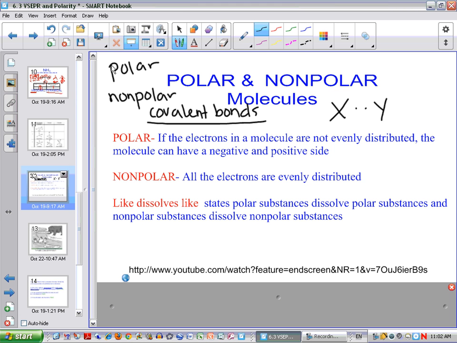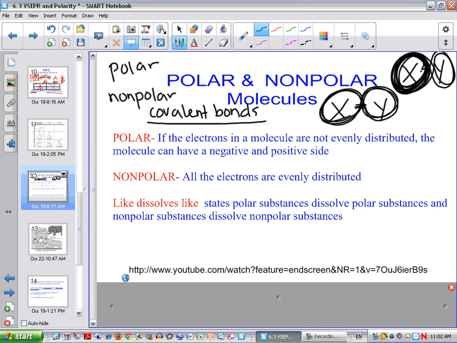Are they shared equally or unequally? Do these 2 electrons spend exactly as much time around each of those atoms, or are they shared unequally and they go around the Y? So this would be nonpolar, where they're shared equally, and this would be polar.